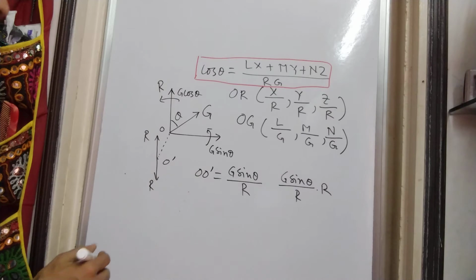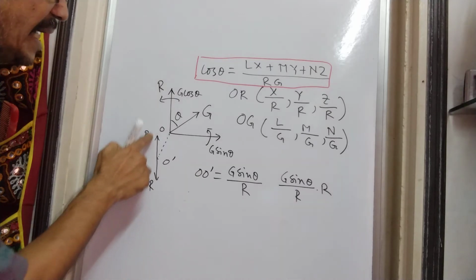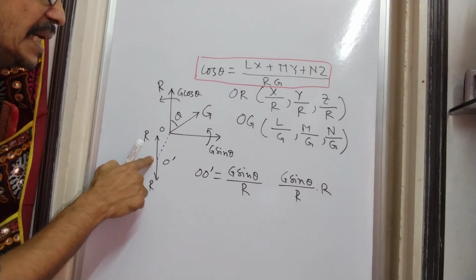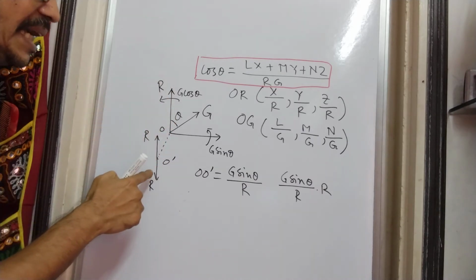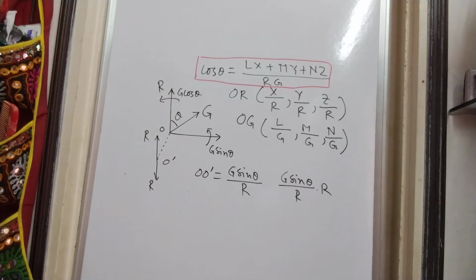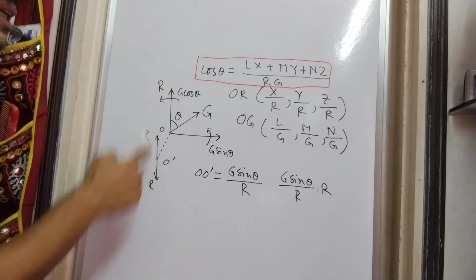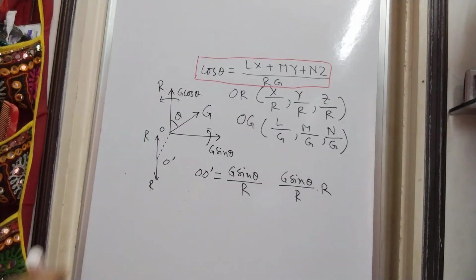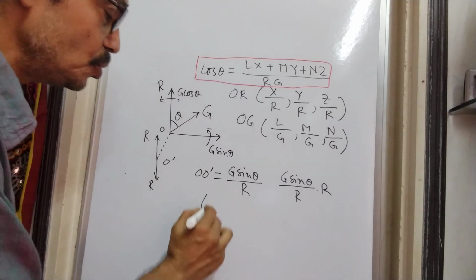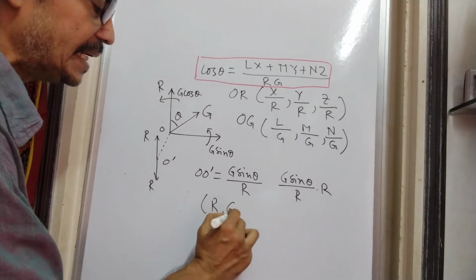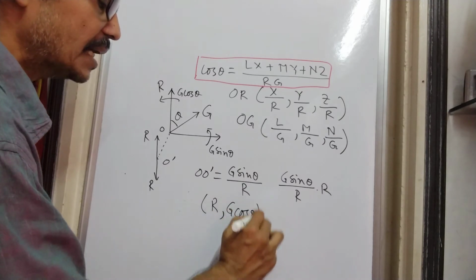We are left with only a force R along this and a couple G cos theta along the same direction. Isn't it so? These two are in parallel direction, and this will be termed as Poinsot's central axis. And the system reduces to a force R and a couple G cos theta.